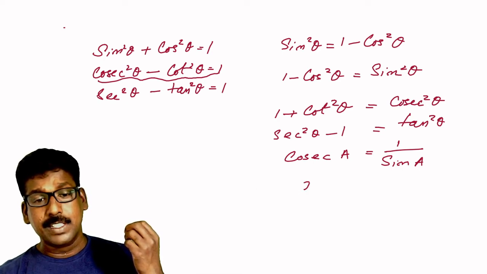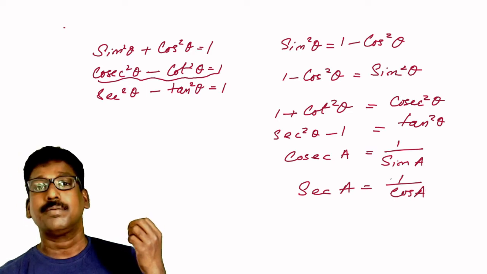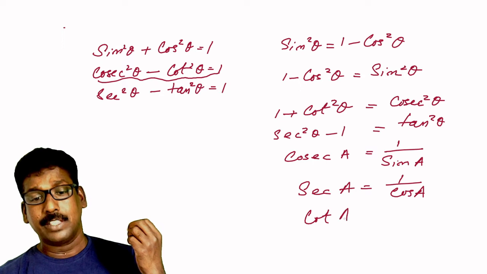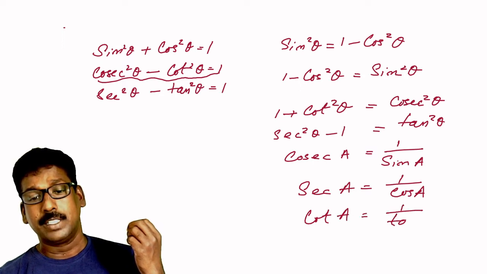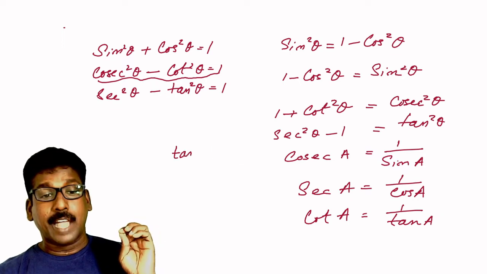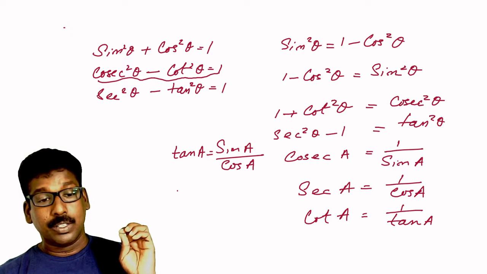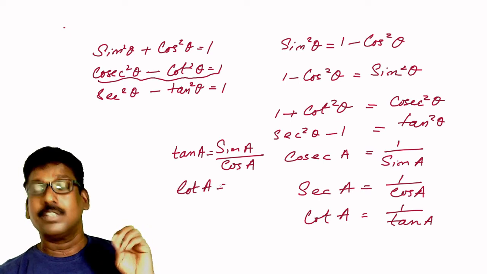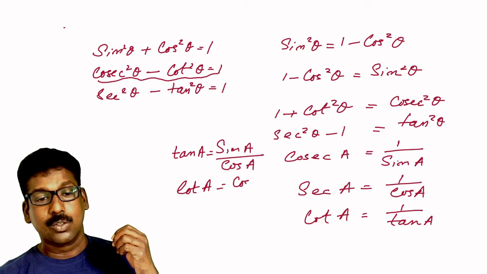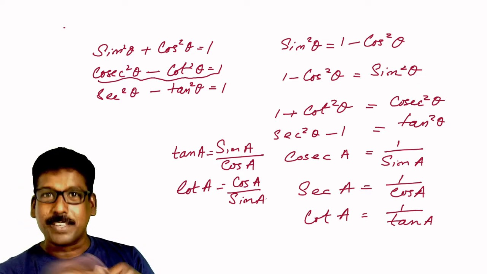Similarly, sec A is 1 by cos A, and cot A is 1 by tan A. One more thing you know: tan A you can write as sin A by cos A. And cot A, how will you write it? Yes, it is cos A by sin A. By using all this information, let us solve some questions.